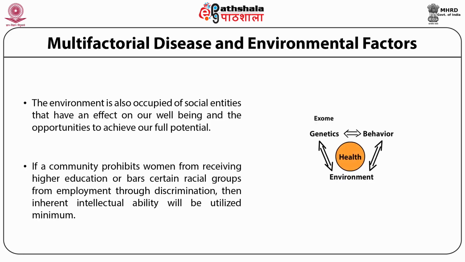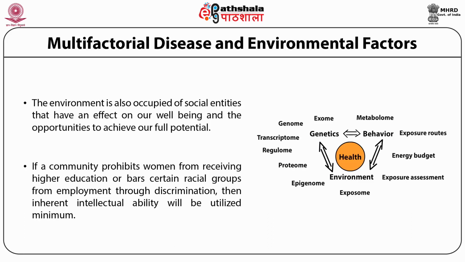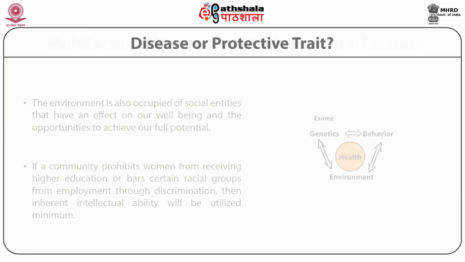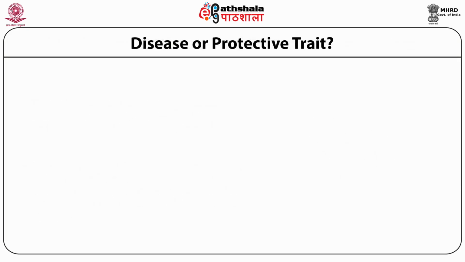Environment is also influenced by the genetics. And on the outer side, there are the epigenome, proteome, and regulome. All these omes describe how the interaction of these dynamics acts with reference to genetics, behavior, and environment. Disease or protective trait.